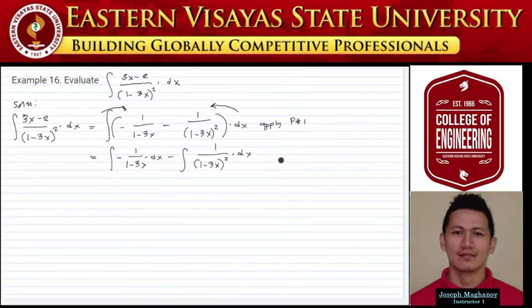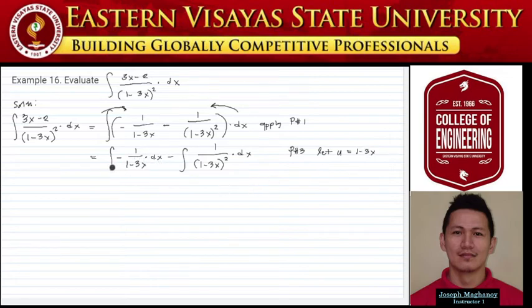Okay, so we will apply our correction factor or determine the correction factor in both terms, term 1 and term 2. So if we're going to determine the property number 3, determine our correction factor, we let u equal to 1 minus 3x.